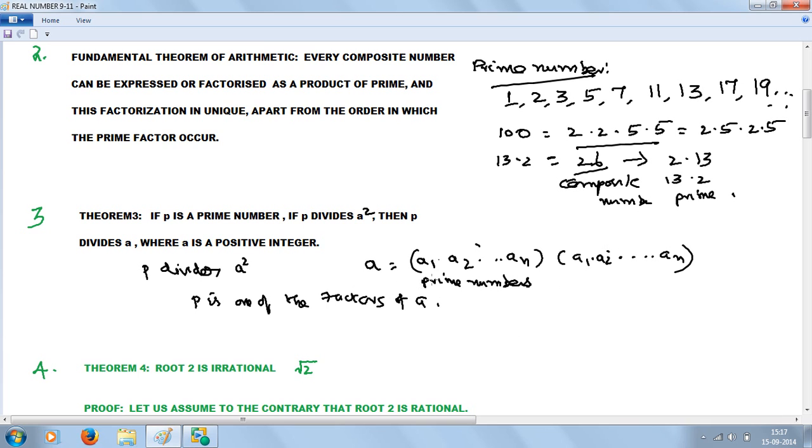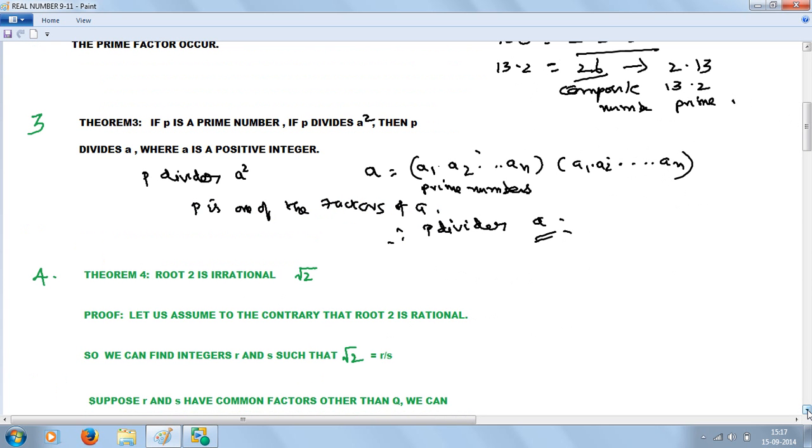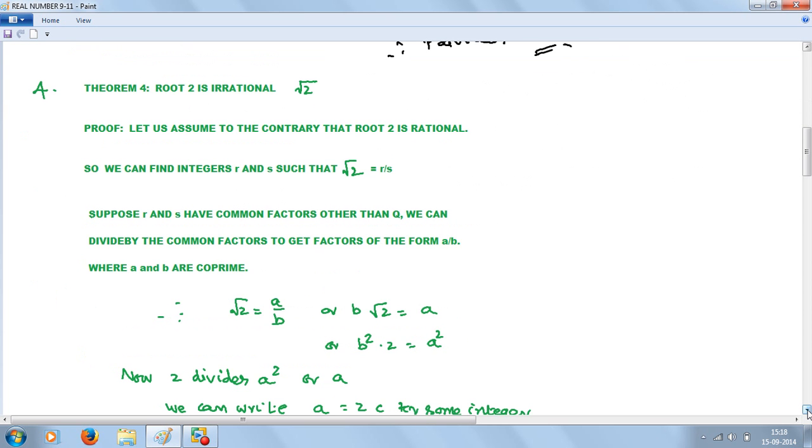Therefore, P divides a. So what does this say? If P is a prime number and P divides a square, then P divides a, where a is a positive integer. Next, we'll go to the next theorem about root irrational numbers.